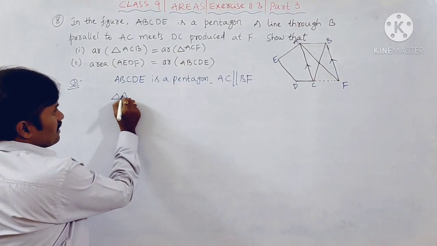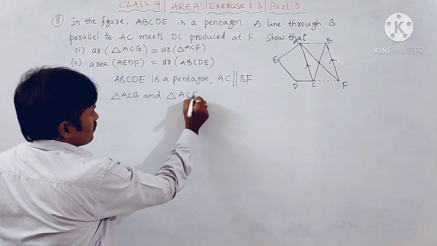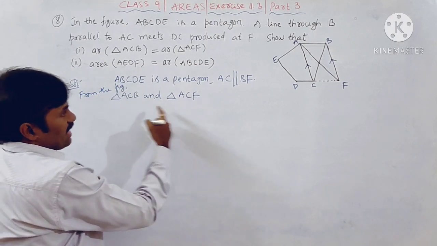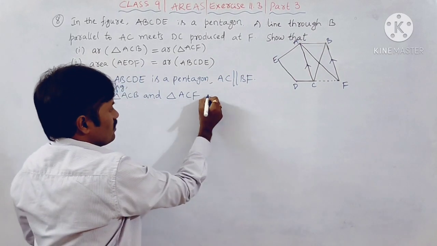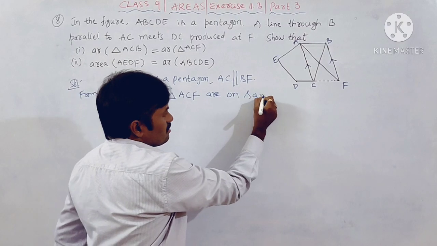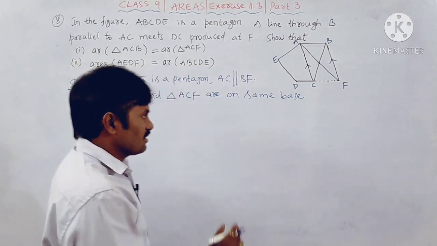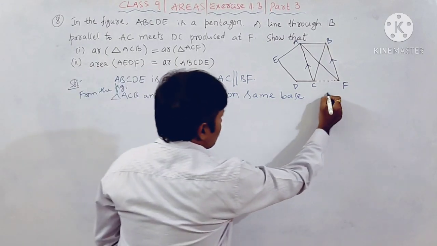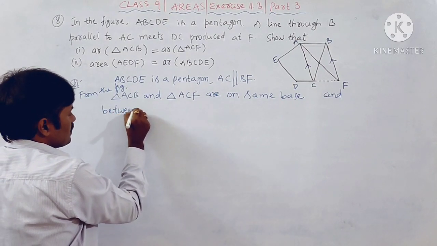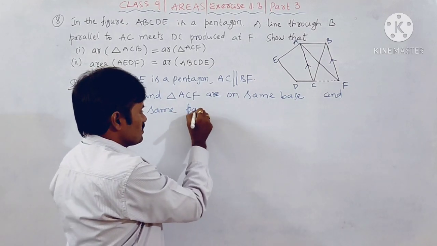From the figure, triangle ACB and triangle ACF are on the same base and between the same parallels.